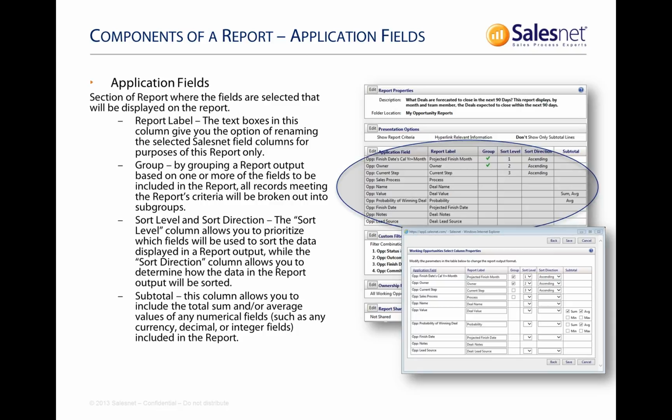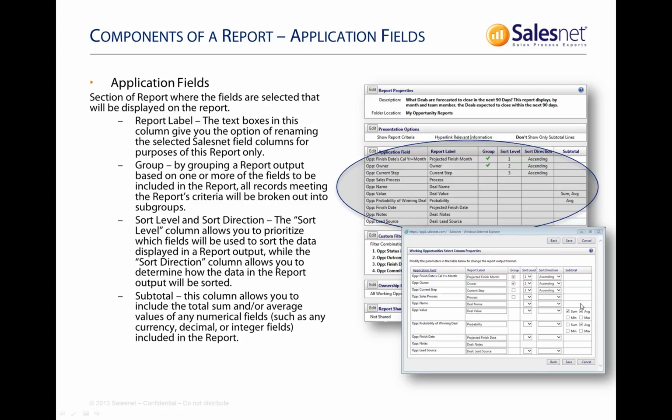So let's say we want to see opportunity values by salesperson. Then we might group by owner. Okay, and then we can define the sorting level, and we can sort ascending or descending. Okay, so this really, again, is all about what fields are we going to show and how are we going to organize them. Are we going to create subgroups? Are we going to sort by certain fields?